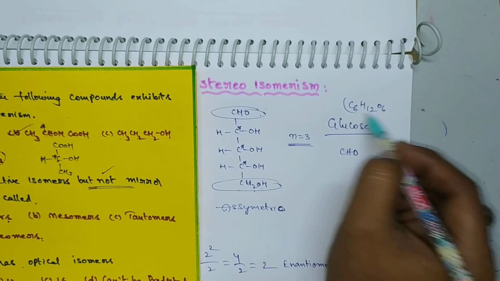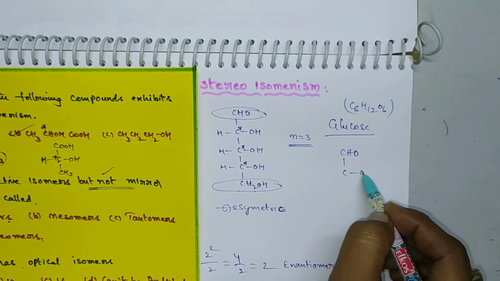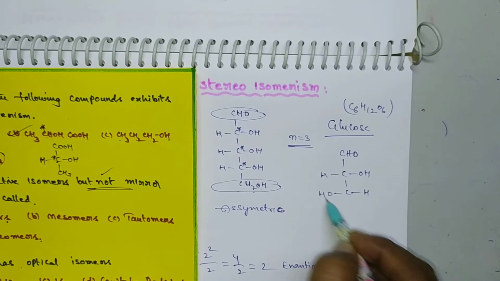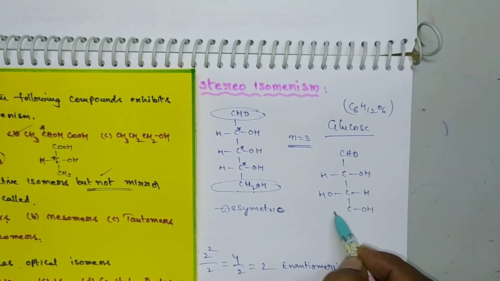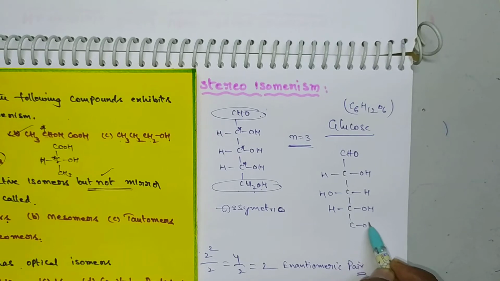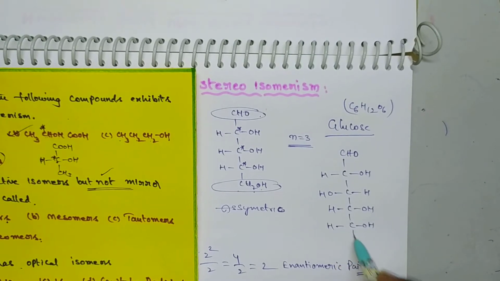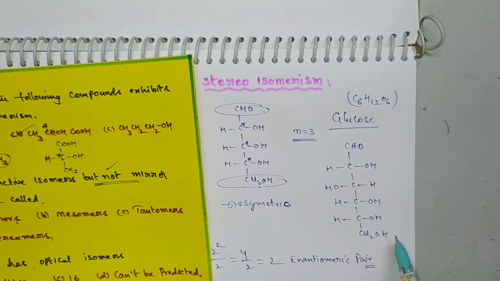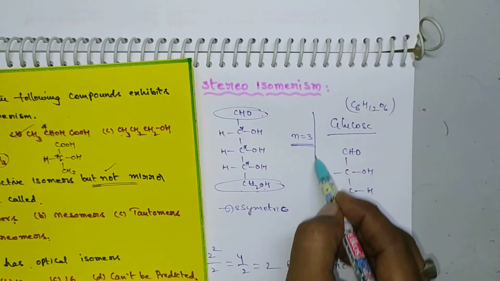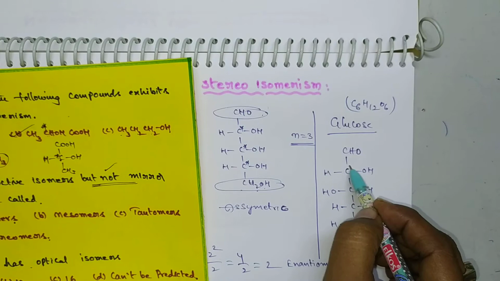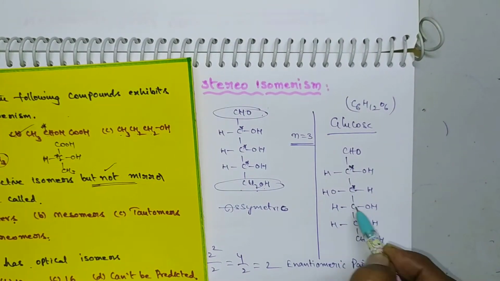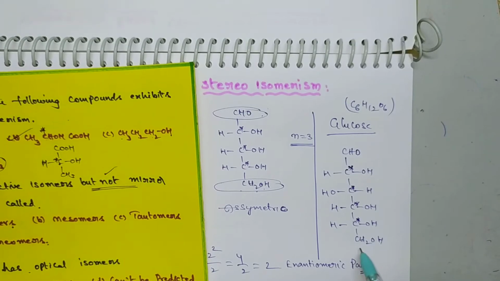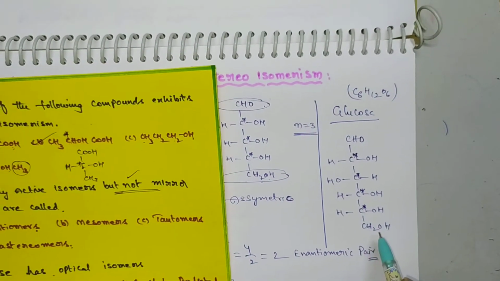The structure will be like this: H and OH, COH and H, COH and H, and CH2OH. This is the structure of glucose. In this glucose, how many chiral carbons are there? Here the chiral carbons are 2, 3 and 4. These are the chiral carbons. This one is not a chiral carbon. So it consists of 4 chiral carbons.